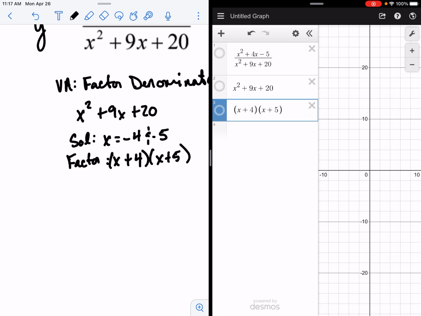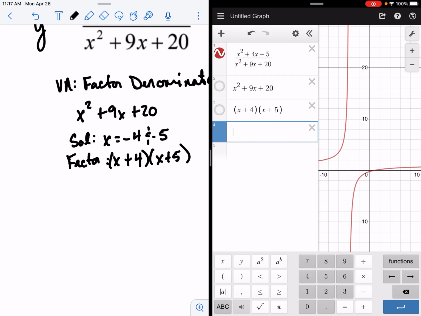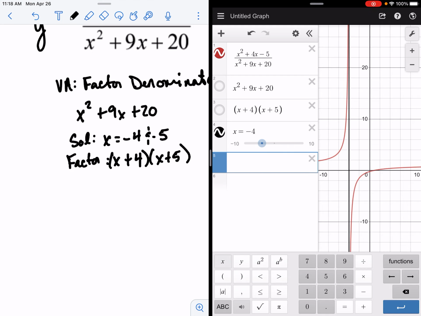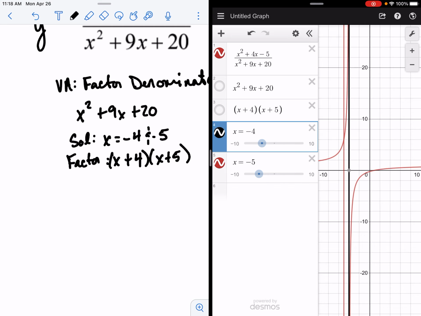So hide your bottom. Let's look at our top. So we say x equals -4, x equals -5. I'm going to use two different colors here.